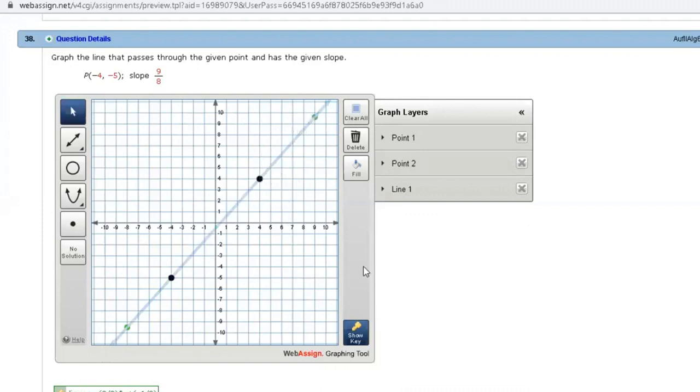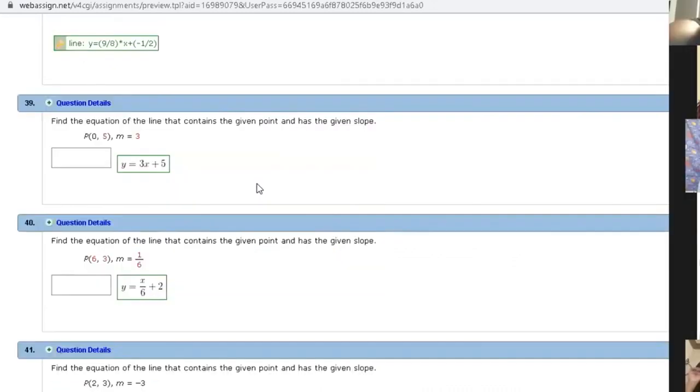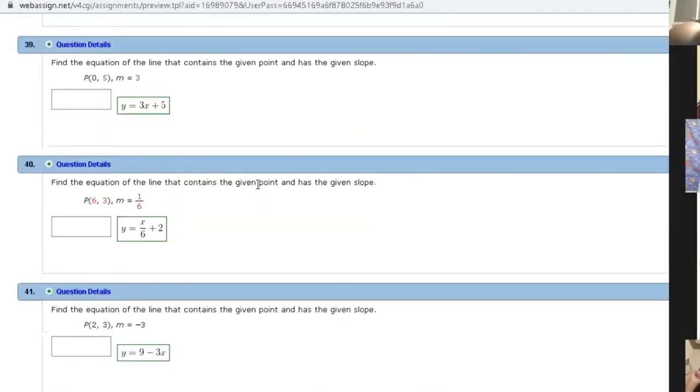So that's that. 36, 37, and 38 are from objective 11. Objective 12, we have 39, 40, and 41. And in objective 12, we had to write equations, okay?